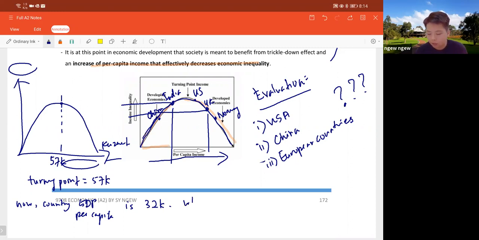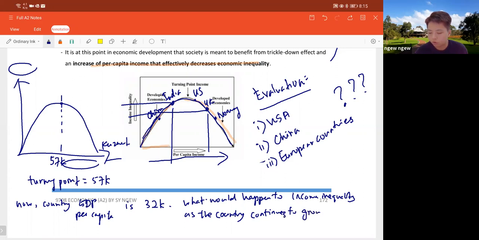They ask what would happen to income inequality as the country continues to grow or develop.